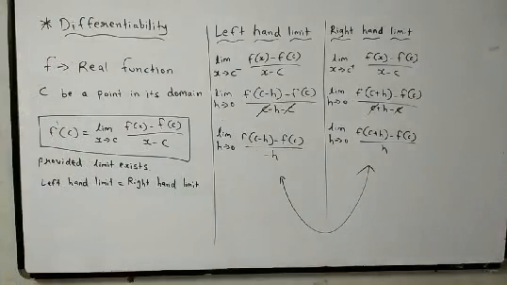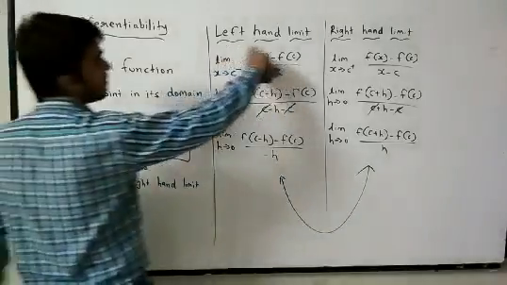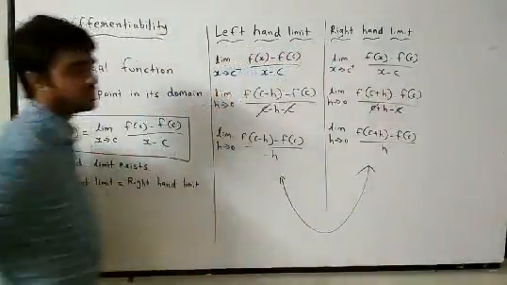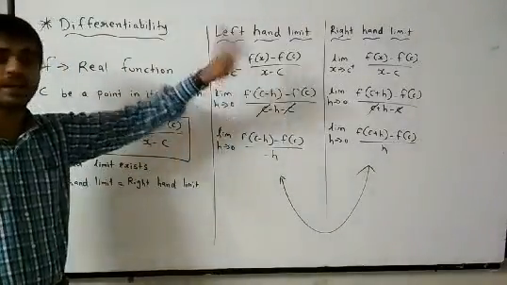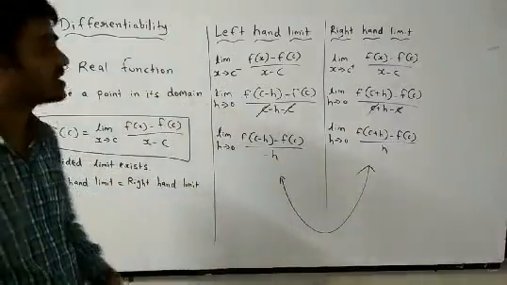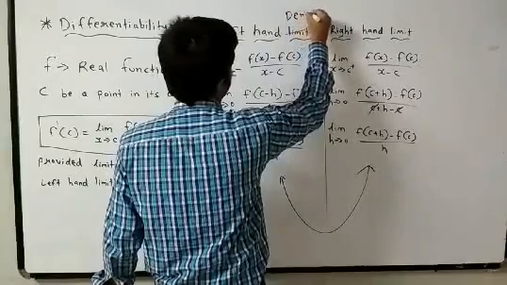Right? Now, what is the meaning of differentiation? Here you can also call this left hand derivative, right hand derivative. See here, in continuity we were using left hand limit and right hand limit. So here we can also use left hand derivative. Right? Left hand derivative.